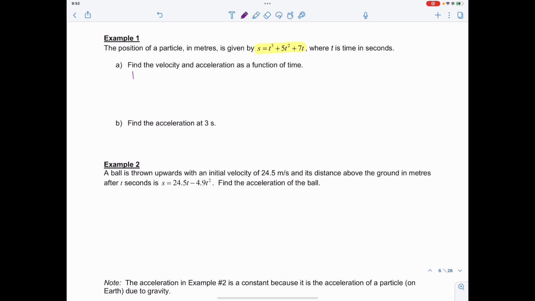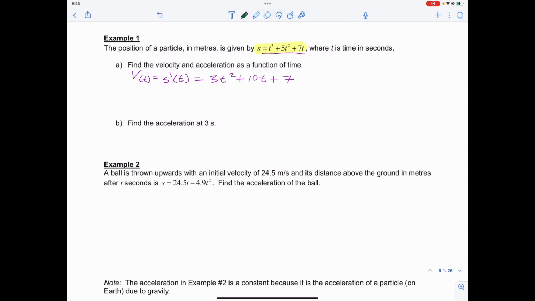We know that the velocity as a function of time is equal to s prime of t, or the derivative of s, which is going to give me 3t squared plus 10t plus 7. I'm just taking the derivative of my original function.